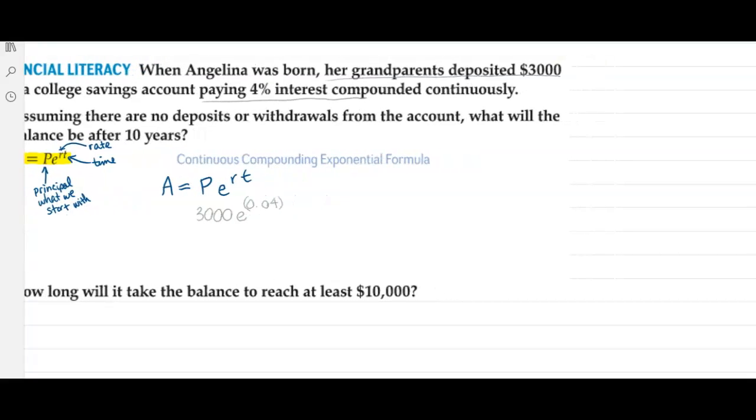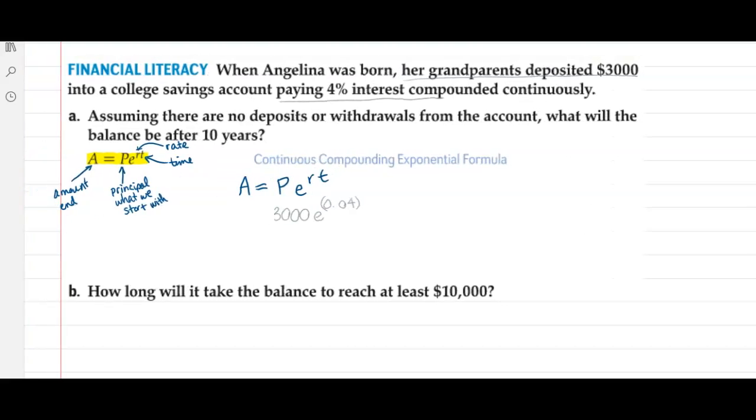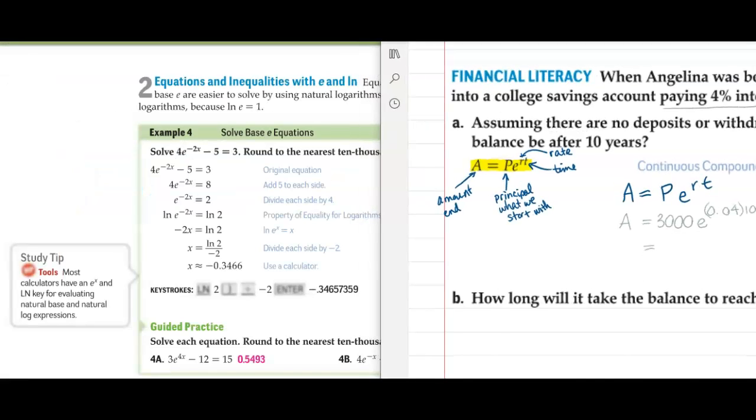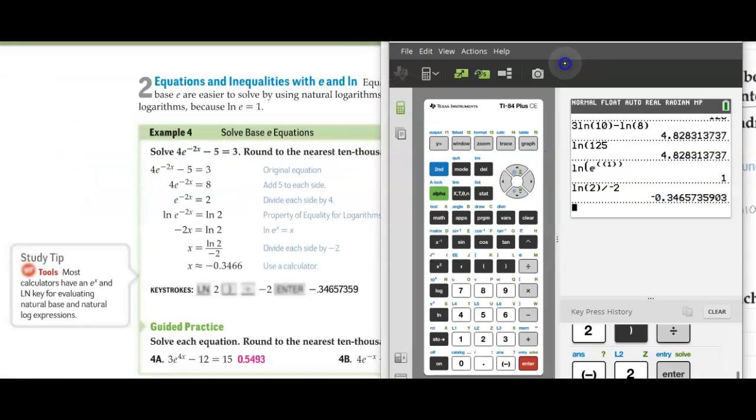Compounded continuously, that's where we get the E from. Assuming there are no deposits or withdrawals from the account, what will be the balance after 10 years? So I put a 10 in for T. And solve. At this point, we just use our calculator to come up with our answer.